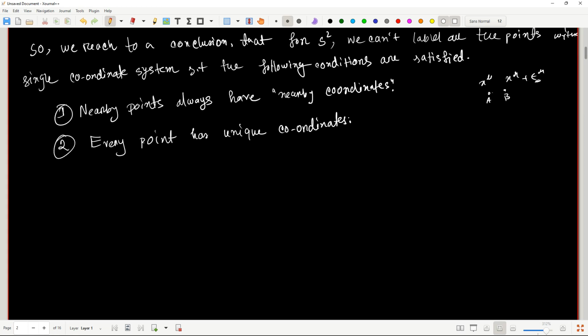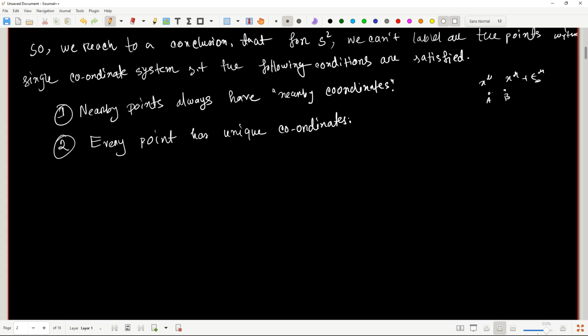And by introducing two or more overlapping coordinate systems, each covering a part of the sphere whose points are labeled so that the conditions that we failed to satisfy in the first place now get satisfied.